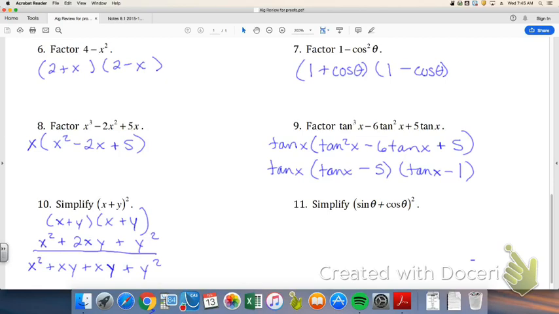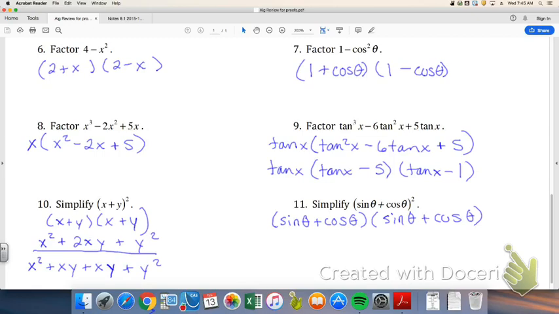Okay. So now on number 11, do I do anything different when I simplify sine theta plus cosine theta squared? No. I don't do anything different. That just means I'm multiplying sine theta plus cosine theta times sine theta plus cosine theta.